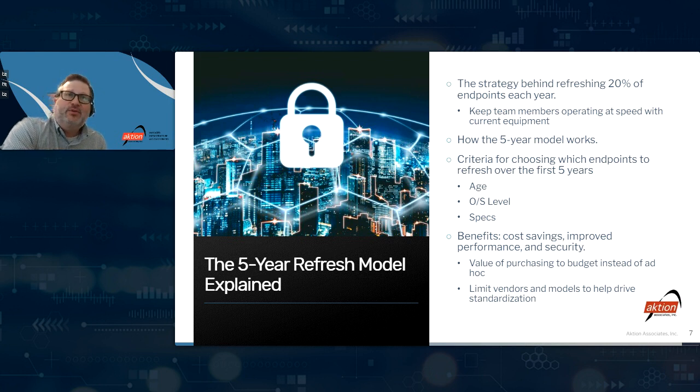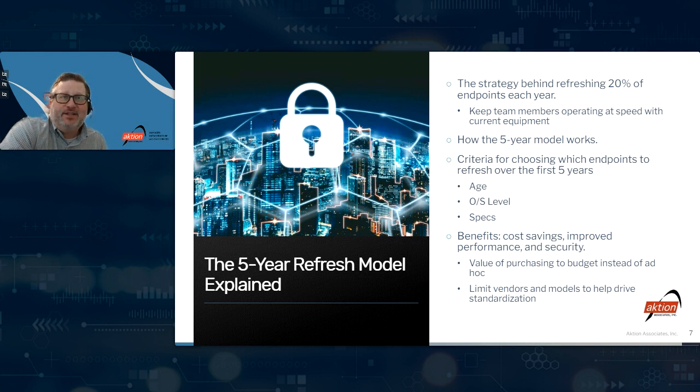So what we'll do is we'll sit down with customers that are looking to move to this model, and we will basically evaluate the fleet in terms of age, in terms of the OS level, Windows 10, Windows 11, is it a Home edition? Is it a Pro edition? Or is it an Enterprise edition? What fits our management model?